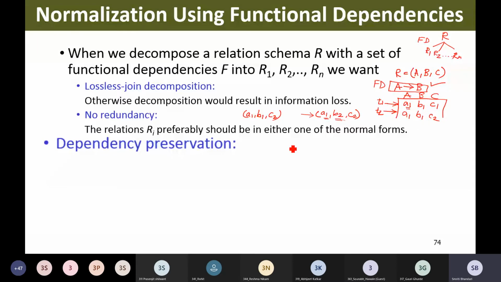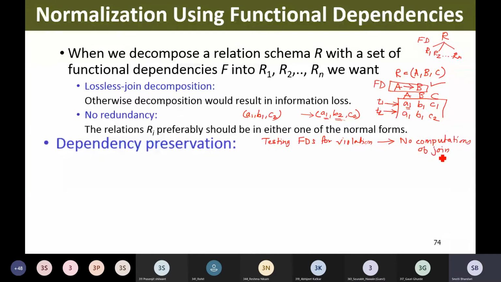Every time, whenever there is any update in the relation, we are testing FDs for violation. And whenever we are testing these FDs for violation, we do not want to compute any join of the relations. So no computation of joins.